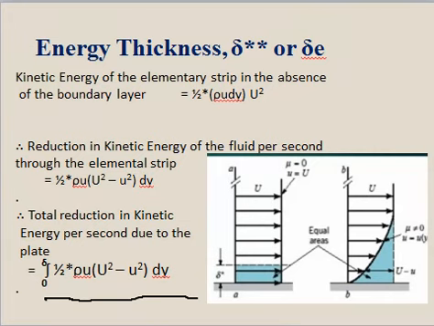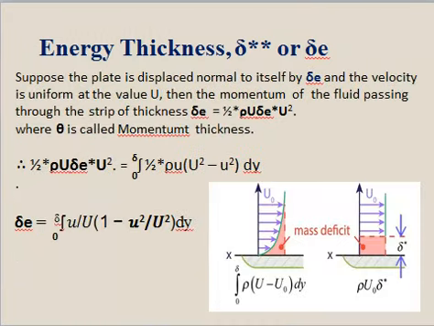Now, as per our definition of energy thickness, if you are going to move this plate along the y direction by the distance del E, and you are going to consider the velocity capital U uniform, then the kinetic energy which will be reduced by moving this plate by distance del E is 1 by 2 rho into capital U into del E into capital U square.